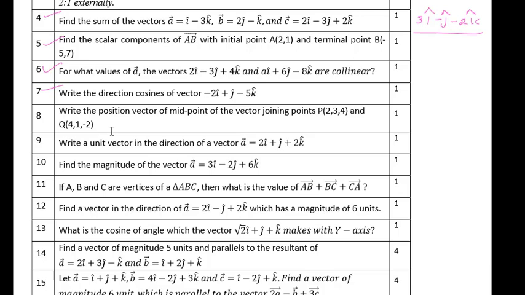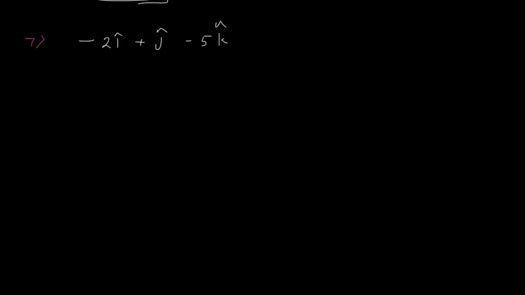So we will consider this as, say, P bar. Now here A is minus 2, B is 1 and C is minus 5.